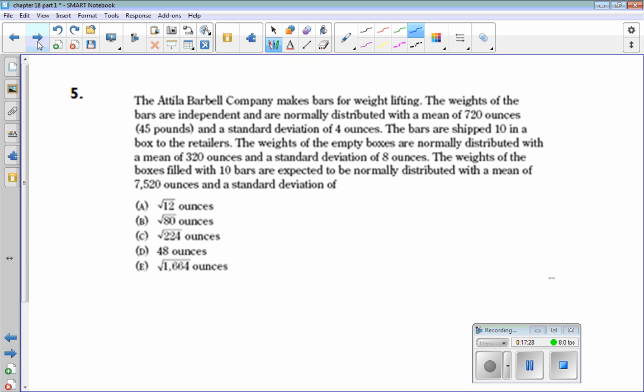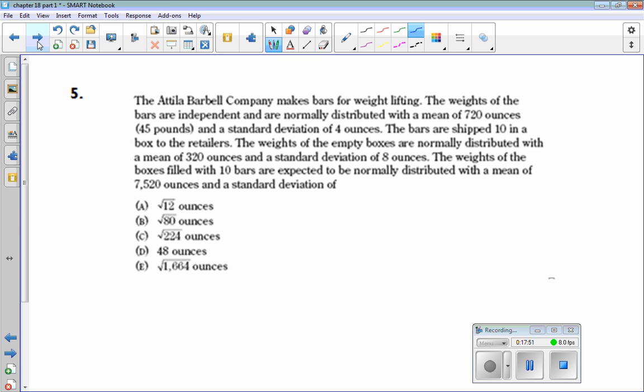I'm given a couple of different means and standard deviations. That's definitely a clue. What else? What am I trying to find? Of what? Of a box and 10 bars. So I'm trying to find a new thing, right?